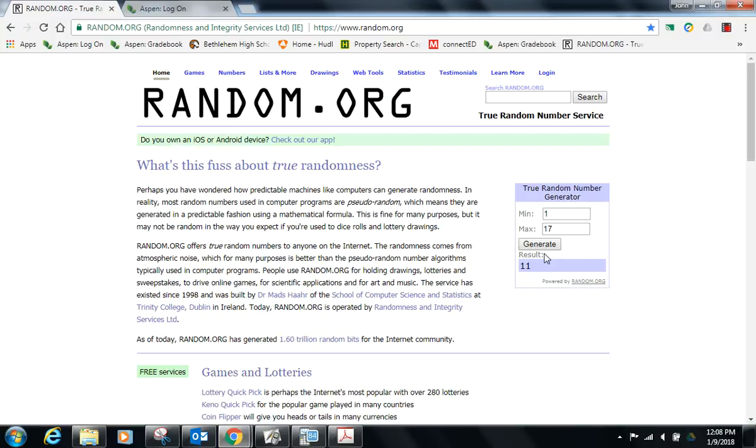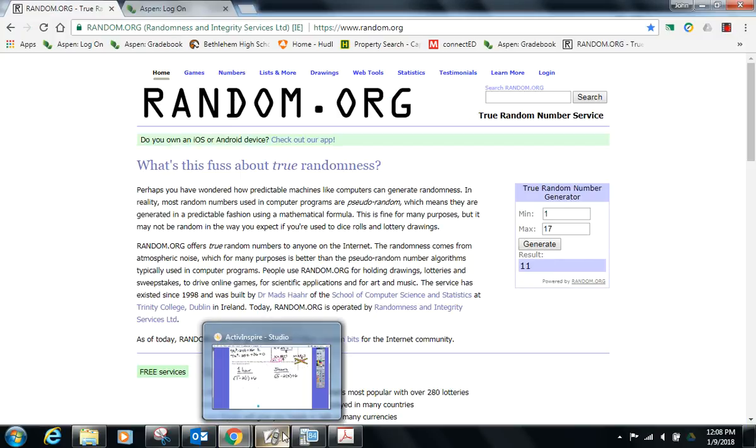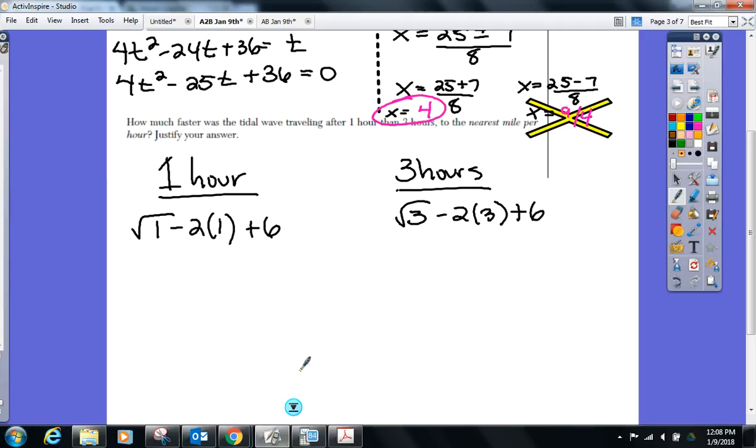Here we go. Number 11. How fast is it going after 1 hour? Okay. S equals 5, right? Did you get 3 hours yet, Emily? Okay, let me know. Just give me a couple numbers after the decimal because this will be a decimal answer.